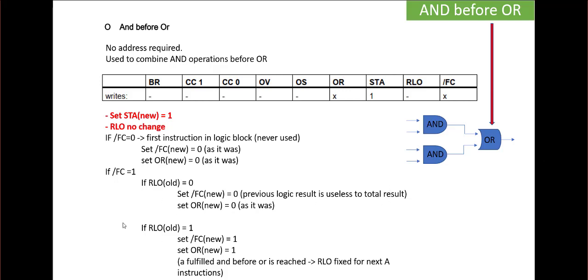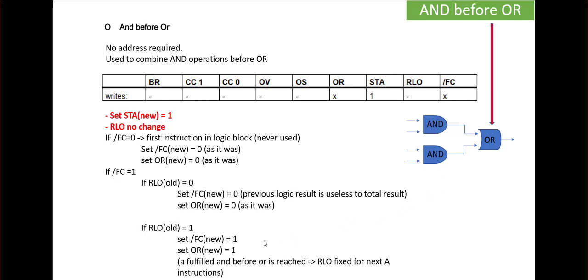Now, if the RLO, or the result of logic operation from this AND, was actually 1, this means that a fulfilled AND block was reached before the AND before OR instruction.